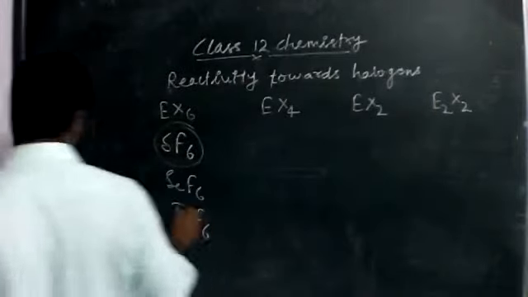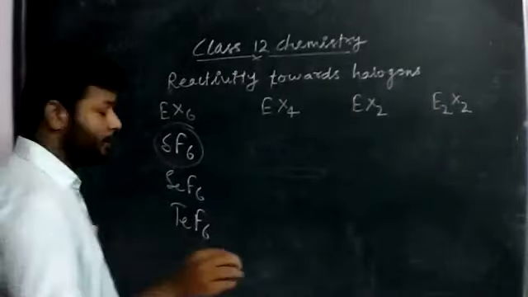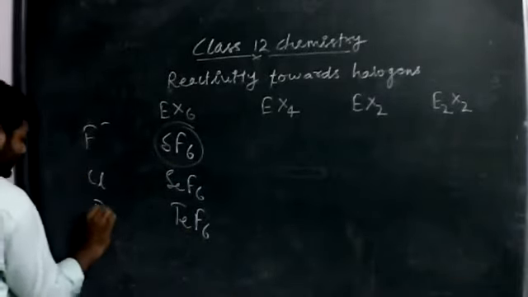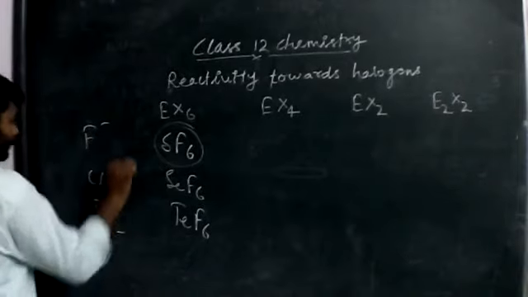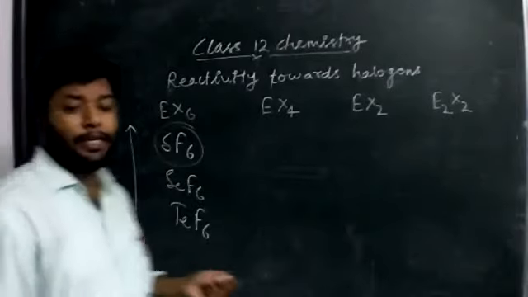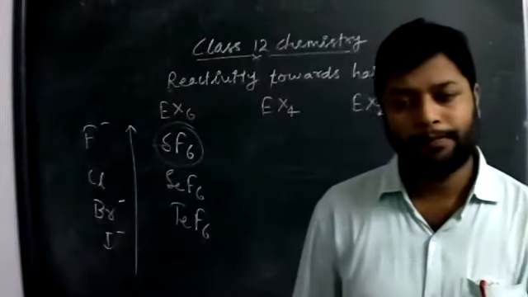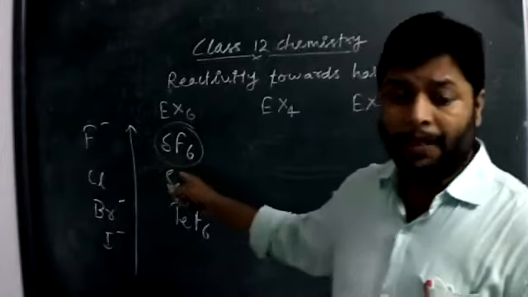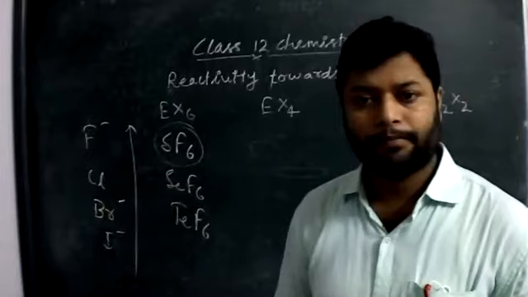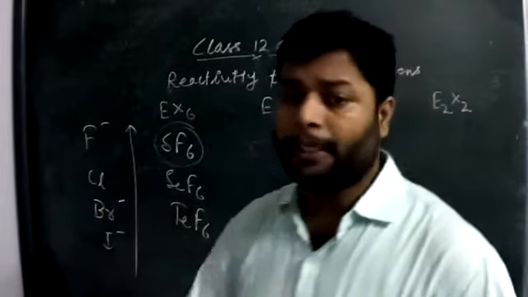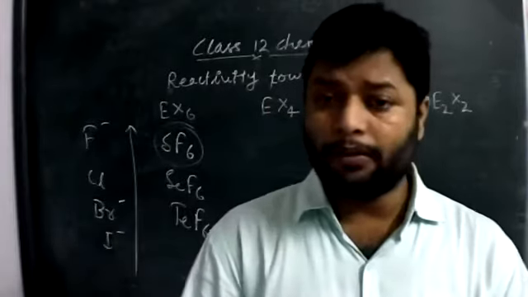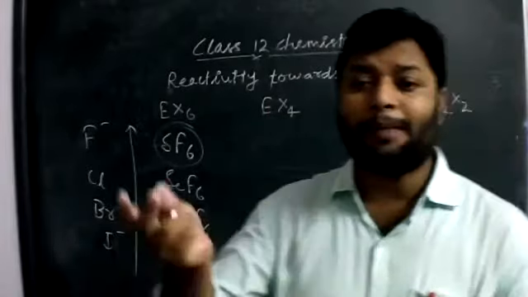In the same way, according to the halogens, stability must be decided in the order of fluorides, chlorides, bromides, and iodides. In the same sequence, sulfur halides will be more stable than selenium halides, than tellurium halides. This is important to note here. Another thing, when we move down the group, the lower oxidation number is more stable than the higher one.